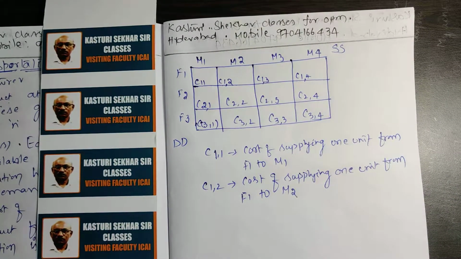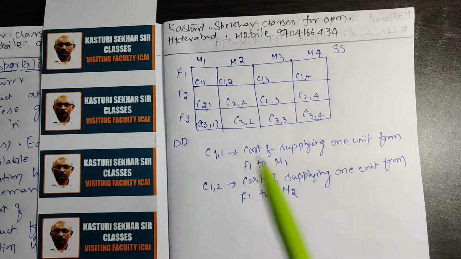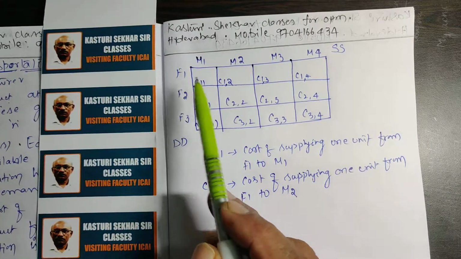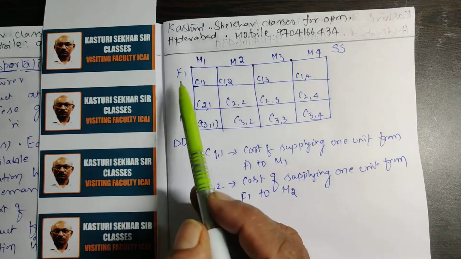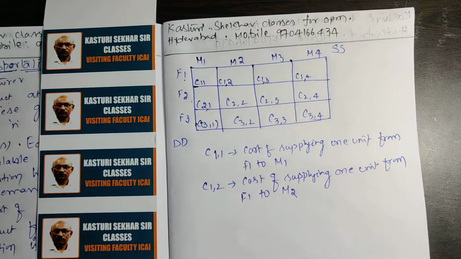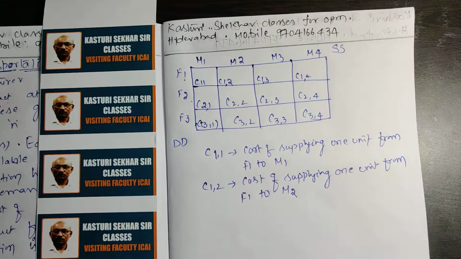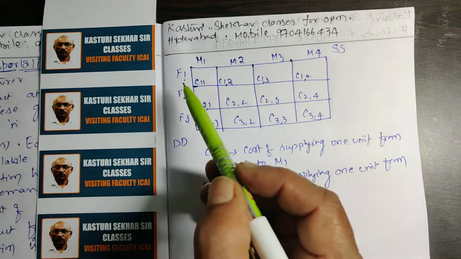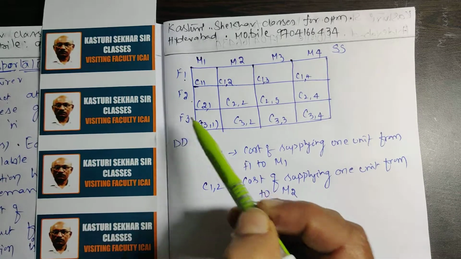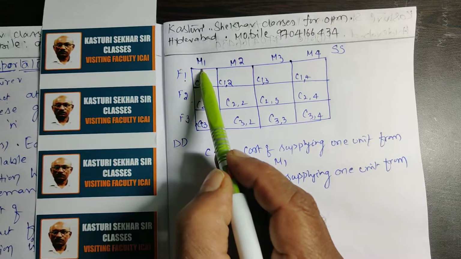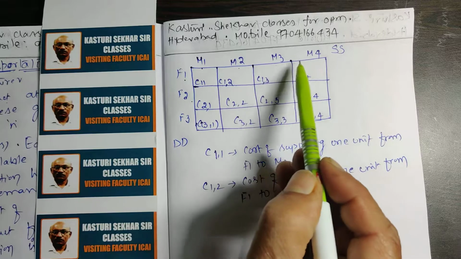Okay, let's consider this example one more time. A manufacturer is producing a single product at 3 places. Let us take these 3 places as factory 1, factory 2, factory 3. Goods which are produced at these 3 factories, he is selling in 4 markets: M1, M2, M3, M4.